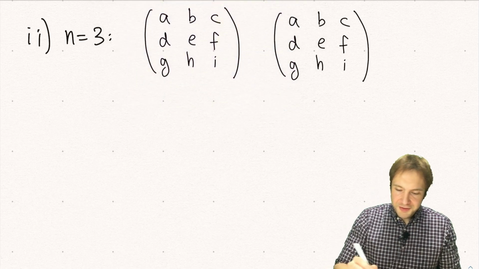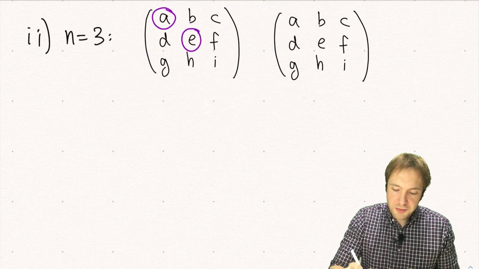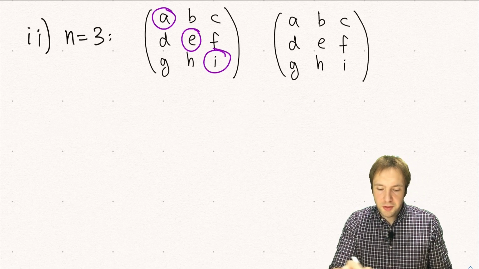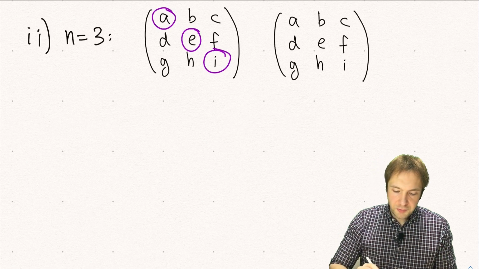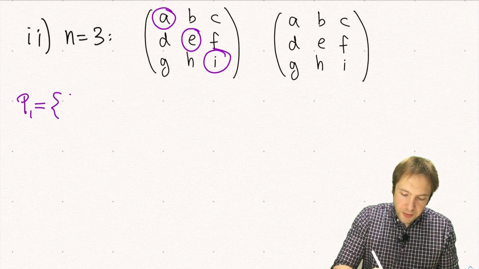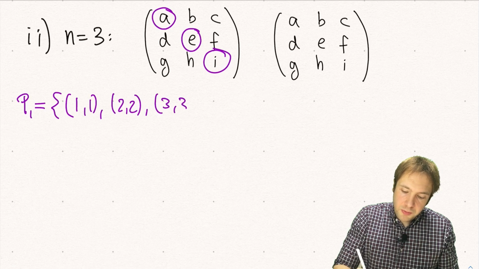And so let's start with this one. So I can choose this entry, and this entry. So this is a pattern because for each row and column I choose exactly one entry. So the pattern P1: first row, first column, second row, second column, third row, third column.